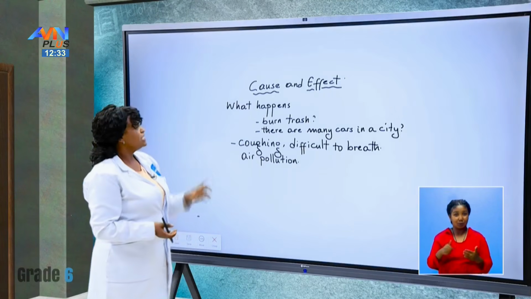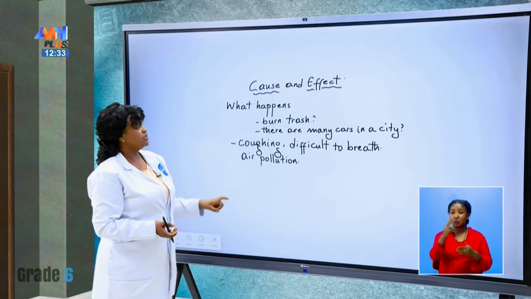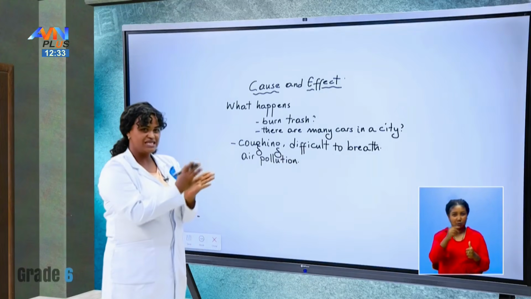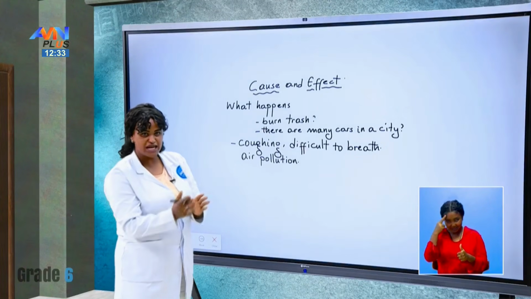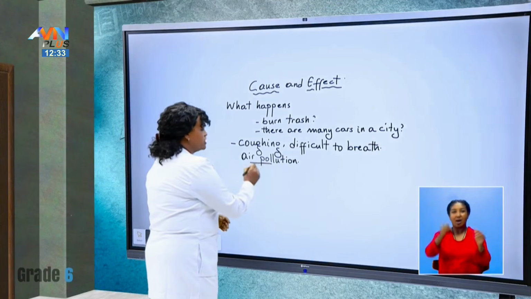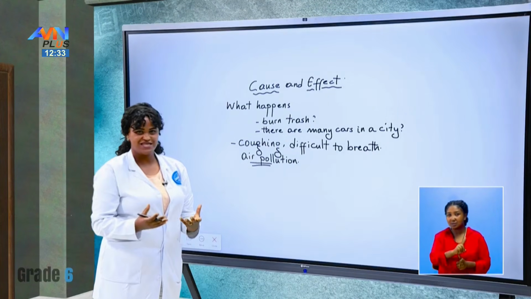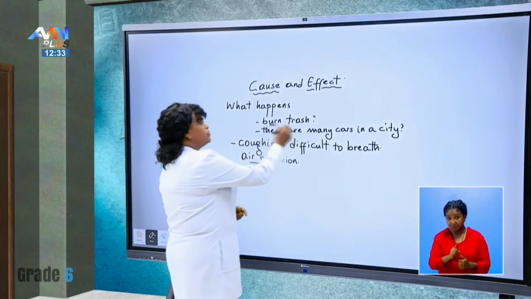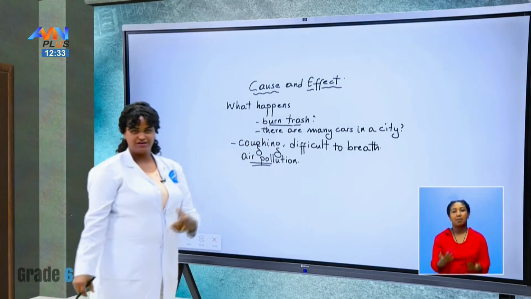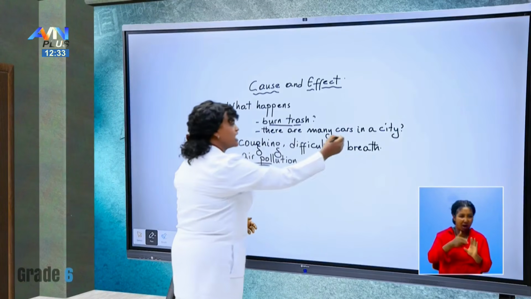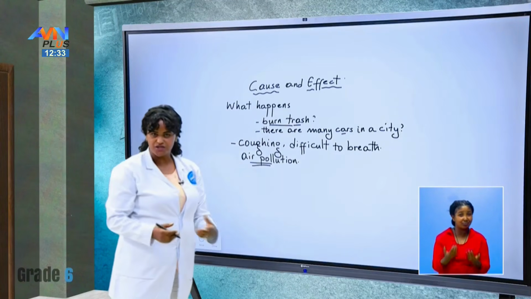Yes, but when you see these two things, one of them comes first, or one of them is the reason for the second one. Which means, for the air pollution, what is the reason? Yes? The reason is what? The burn, or the smoke. The smoke that comes from the trash and the smoke that comes out of the engine of the cars.